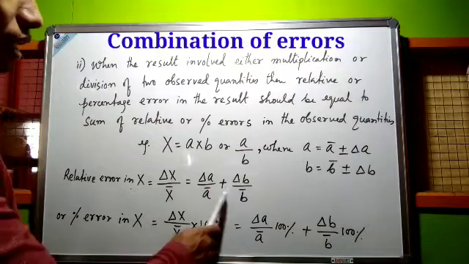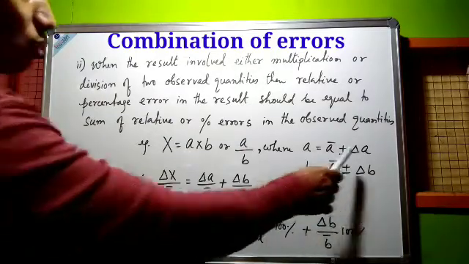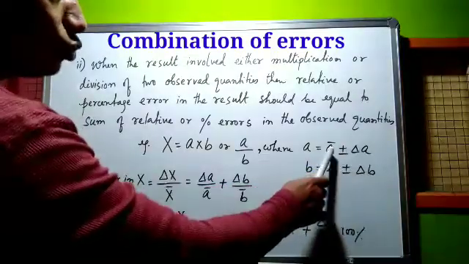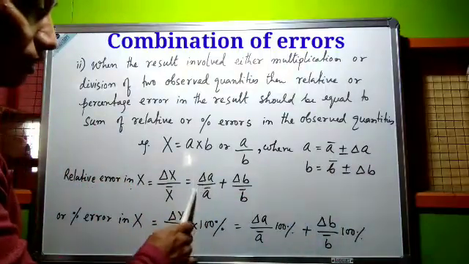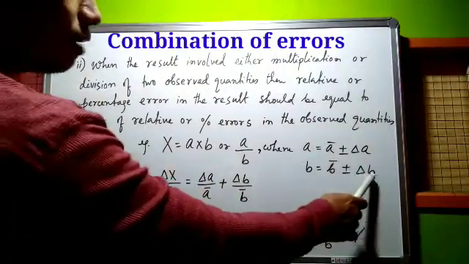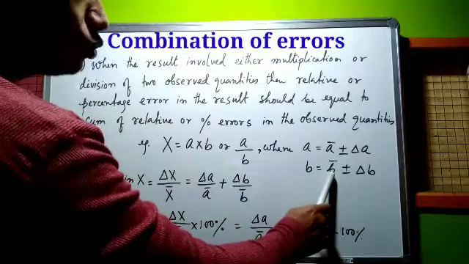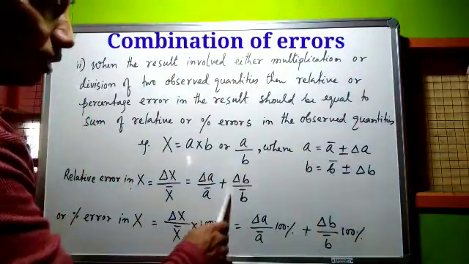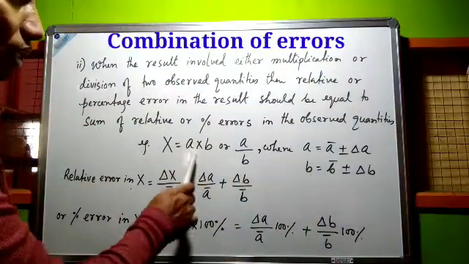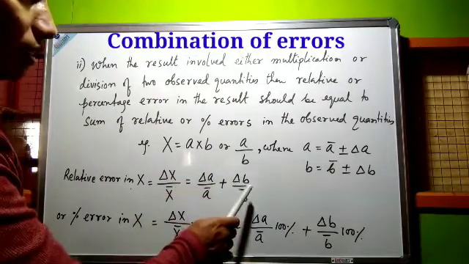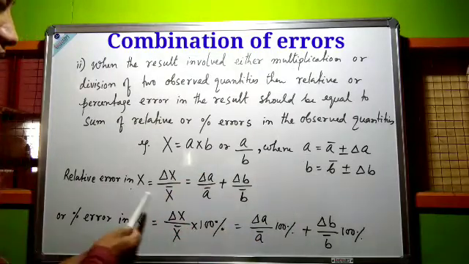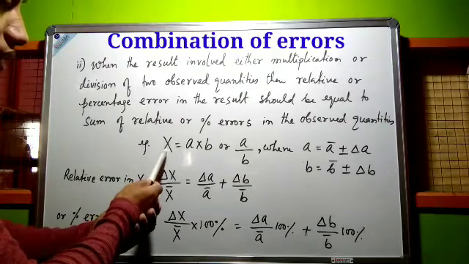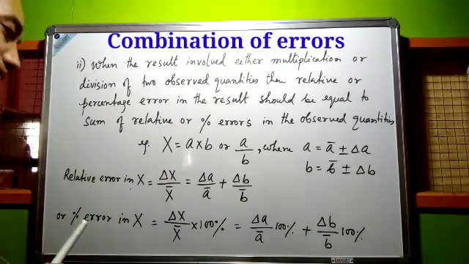Absolute error divided by the true value is the relative error in a, delta b over b bar is the relative error in b. Adding the relative error of a and the relative error of b gives the relative error in the result, that is x.